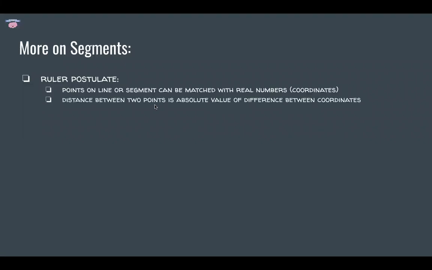Another part of the ruler postulate says that the distance between the 2 points is the absolute value of the difference between the coordinates. So if we have 2 right here and 5.5, the coordinates are 5.5 and 2.